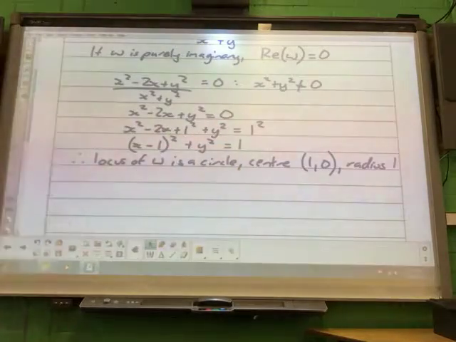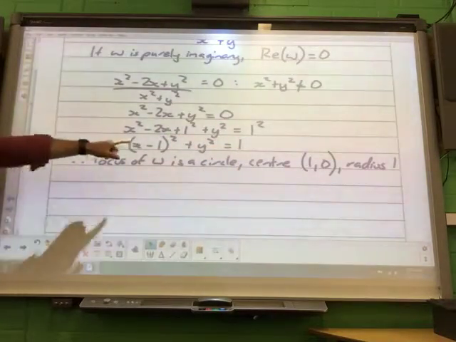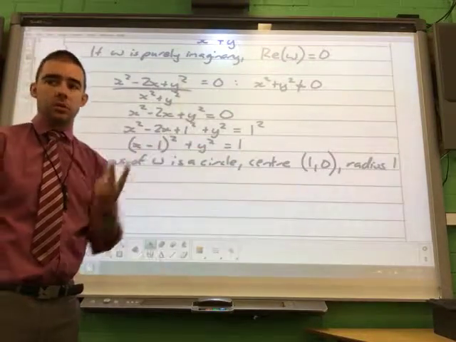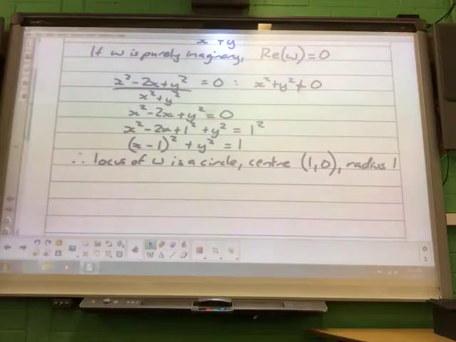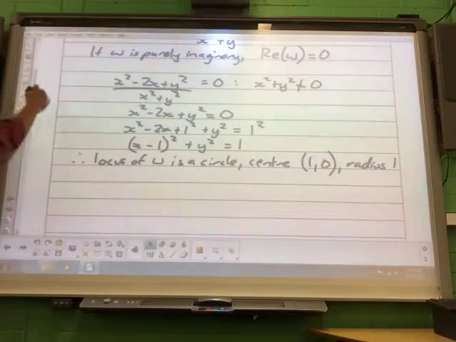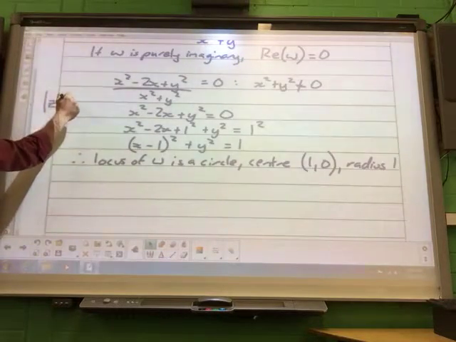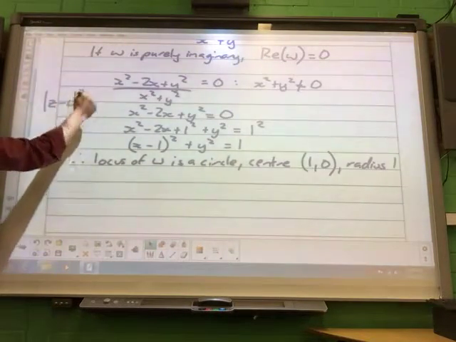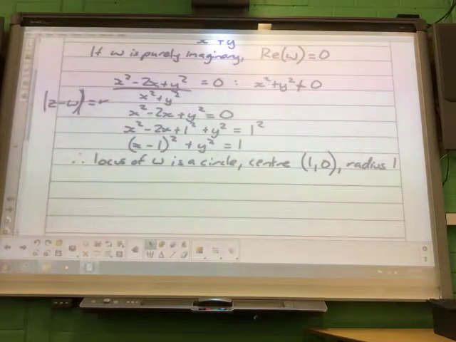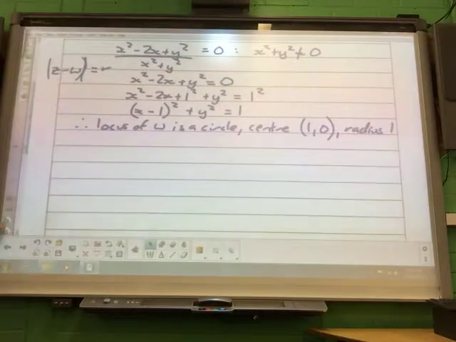So the radius is 1, which doesn't matter in this one, but if it was 4 here, the radius is 2. You've got to be careful with these things and not get confused when you have the locus of z take away omega equals r, where r is the radius, not r squared. So it's a circle with centre 1, 0 and radius 1.